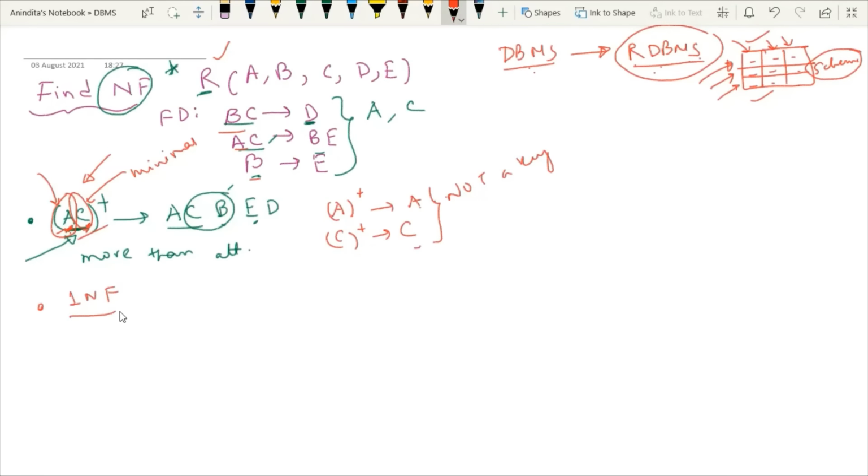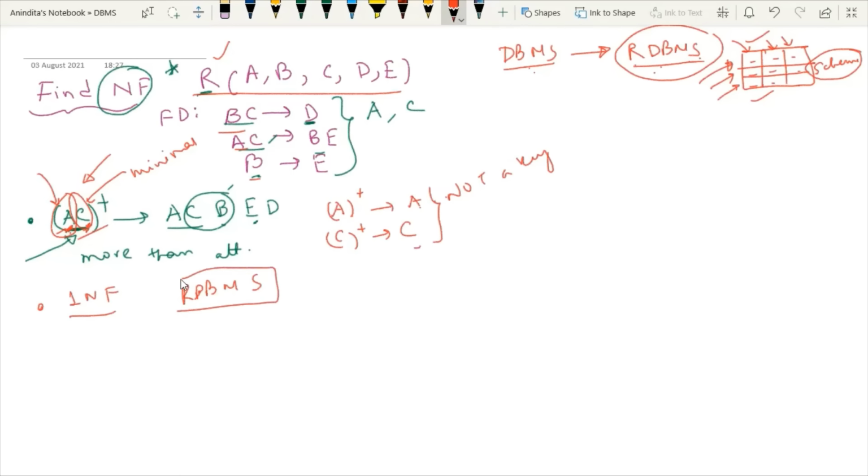Now I will tell you why each and every time I am assuming that our schema is in 1NF without checking anything. Because RDBMS does not allow multi-valued or composite attributes.